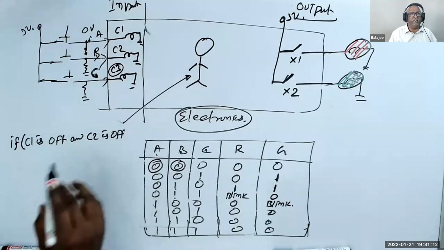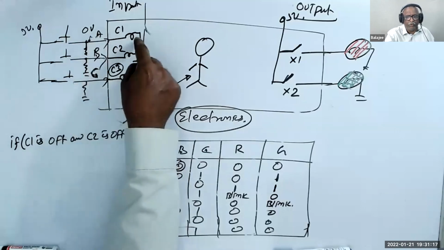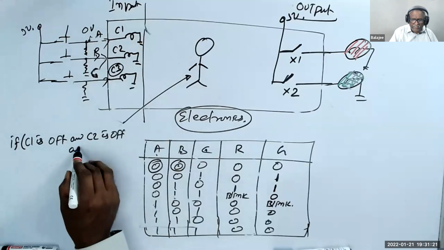I'm writing in very simple English, please understand. If C1 is off, when will C1 become off? When A is off. And C3 is off.